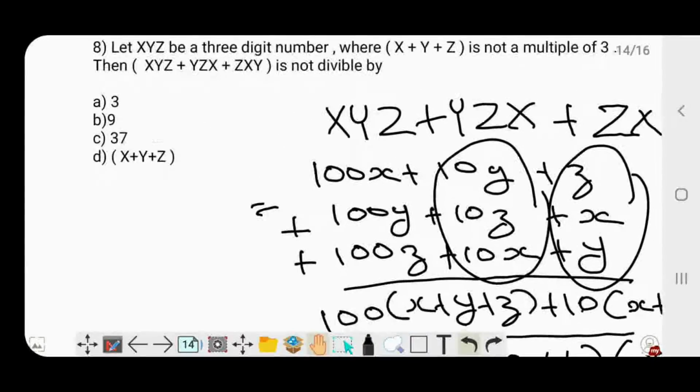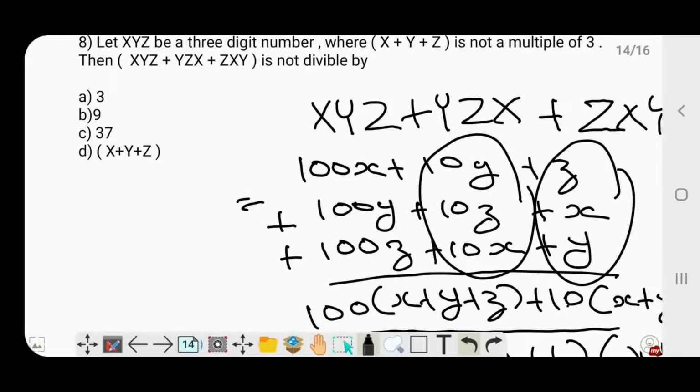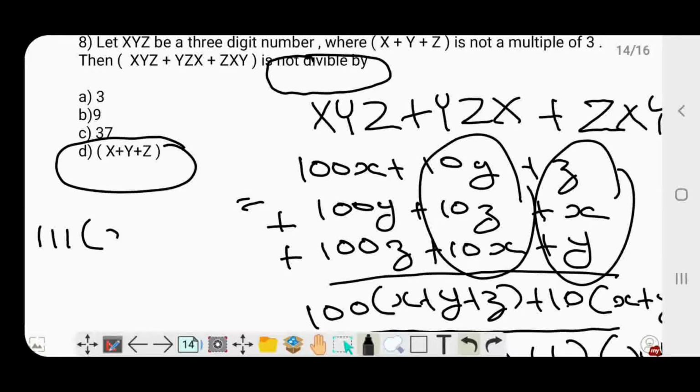In the options we have option D, x plus y plus z. This is not the right option because they are asking what it is not divisible by. It is easily divisible by x plus y plus z, since it is equivalent to 111 into (x plus y plus z).